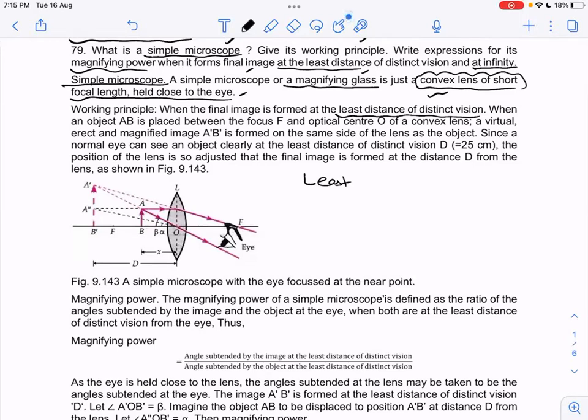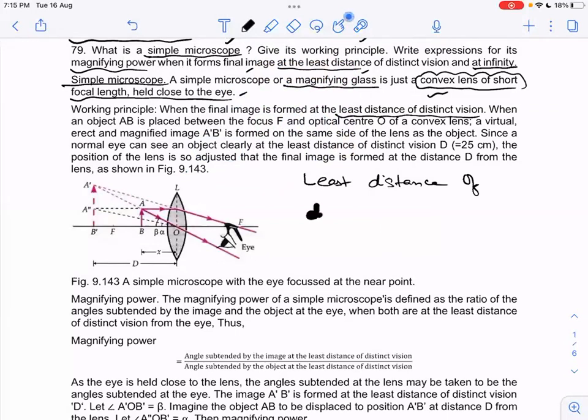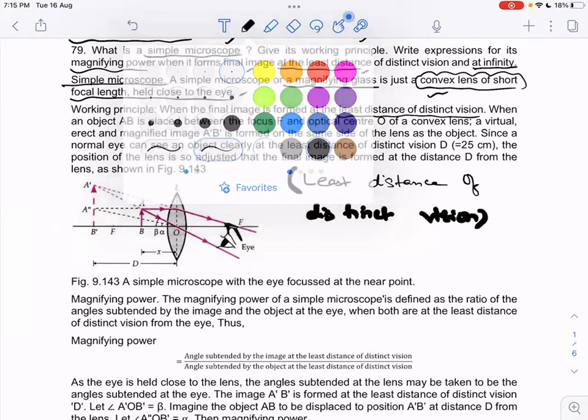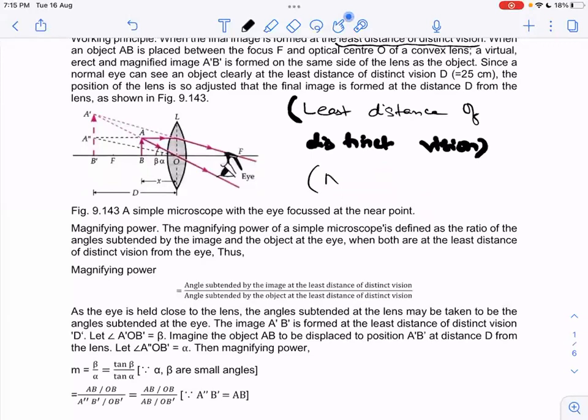So what is this least distance of distinct vision? It is also called the near point.